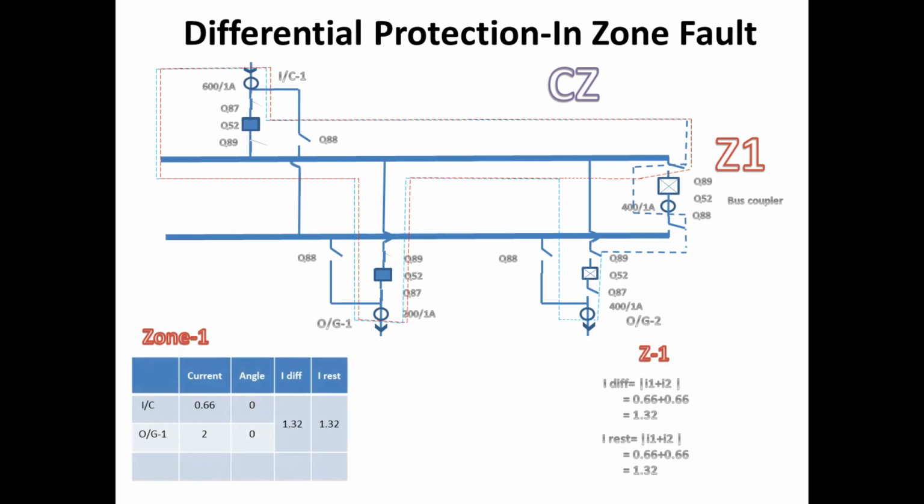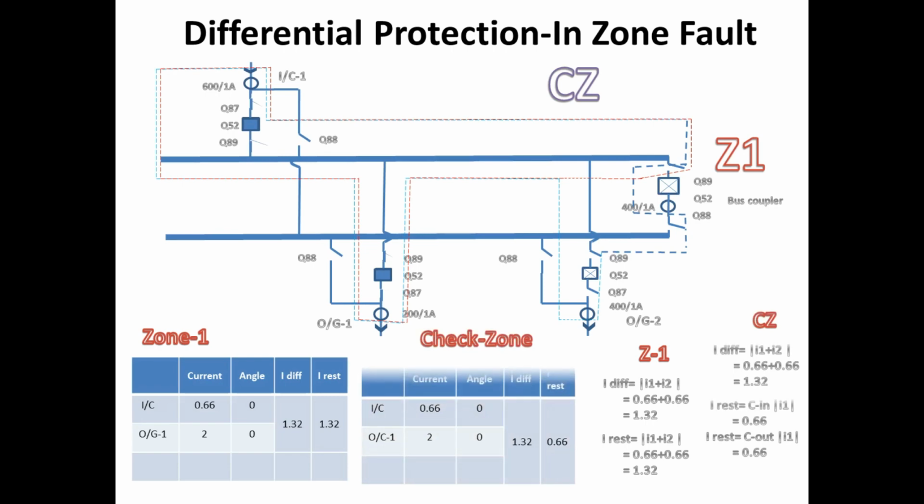So zone 1 picks up, and second it goes for check zone calculation. Check zone also has the same 1.32. So it gives trip. How it gives trip means it follows this slope.